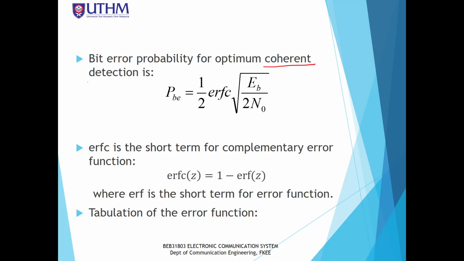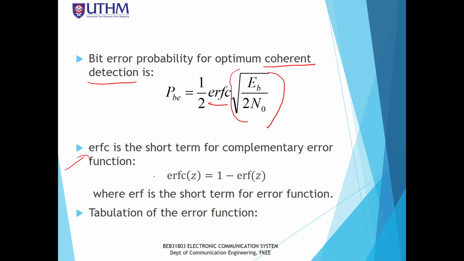The probability of error for coherent detection is equal to 1 over 2 times the complementary error function of, and this is actually supposed to have brackets, because all of these parameters belong to the complementary error function ERFC, square root of Eb over 2 N0. ERFC is the short form for complementary error function.